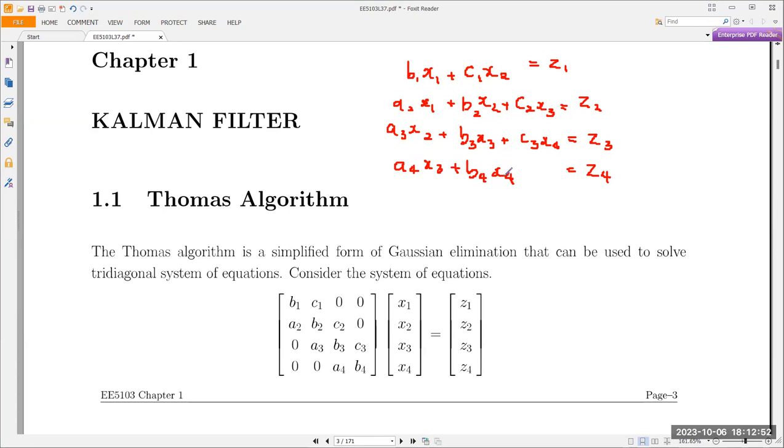This one, secondary school, you know how to solve. Here we want to solve them systematically. Now, this can be put into matrix form, so it's obvious. First row is the first row here. Second row is the second row here. Third row is the third row here. Fourth row is the fourth row here.